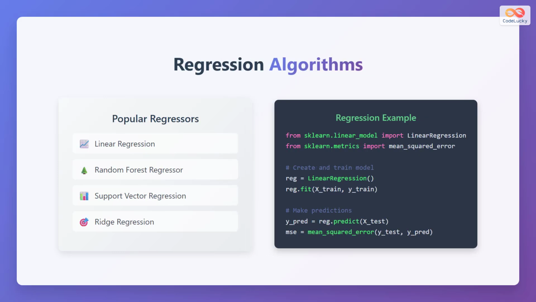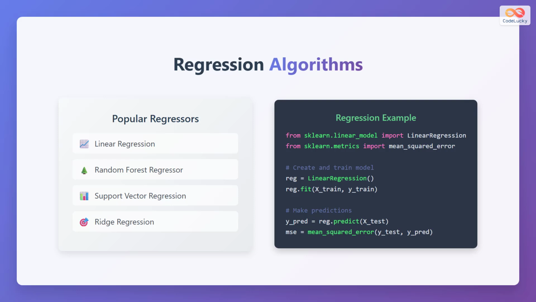Regression algorithms predict continuous numerical values rather than discrete categories. Linear regression finds the best straight line through data points to predict target values based on input features. Random forest regressor applies the ensemble approach to regression problems, combining multiple decision trees for more robust predictions.